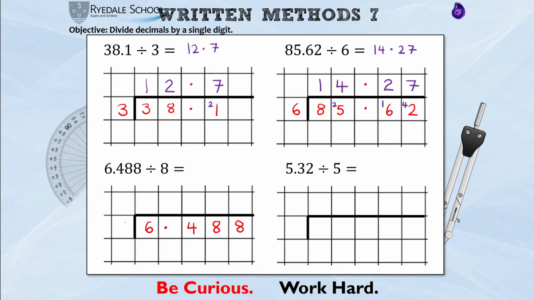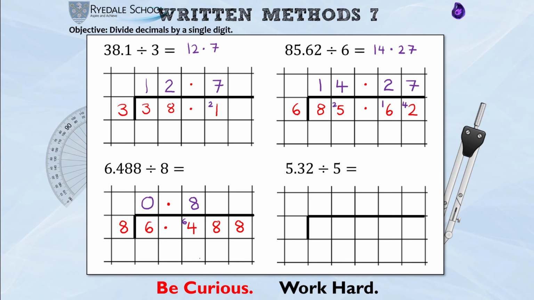For my next question, we have 6.488, and we are dividing by 8. How many times does 8 go into 6? Well, it doesn't. It's a bigger number here, so that is 0. Carry the 6. How many 8s are in 64? Well, that is 8, but it is 8 exactly.